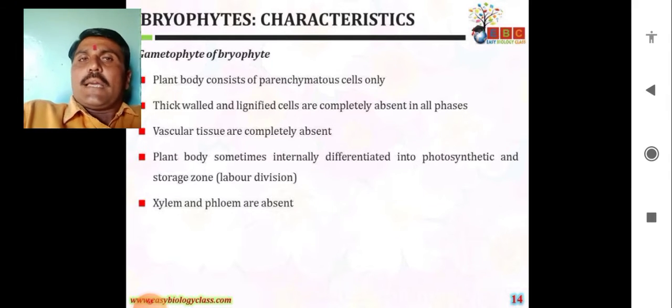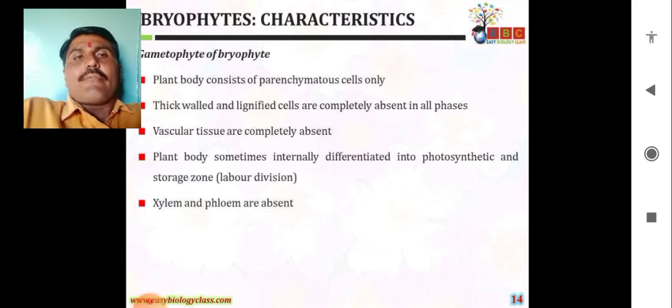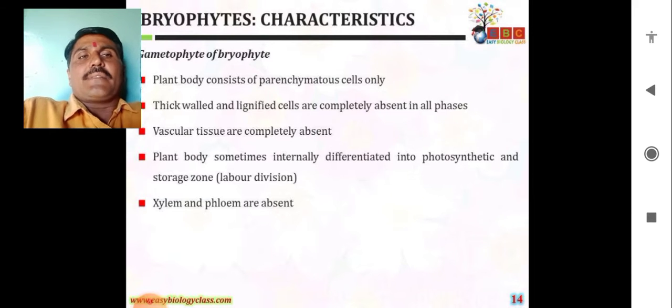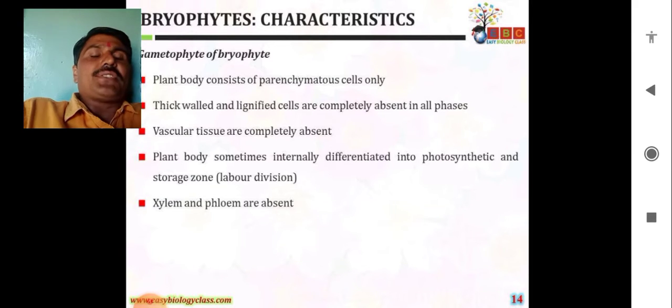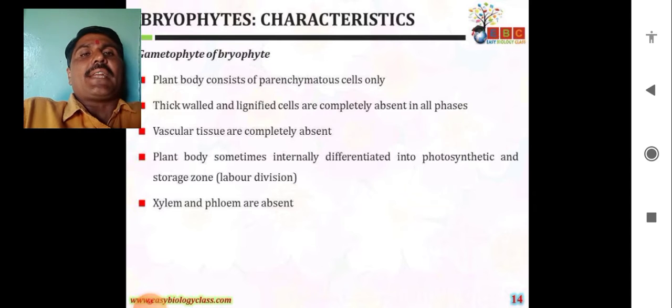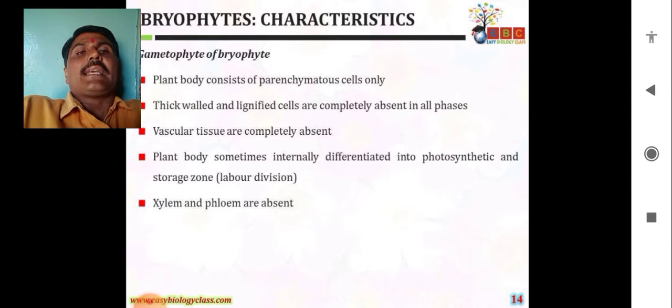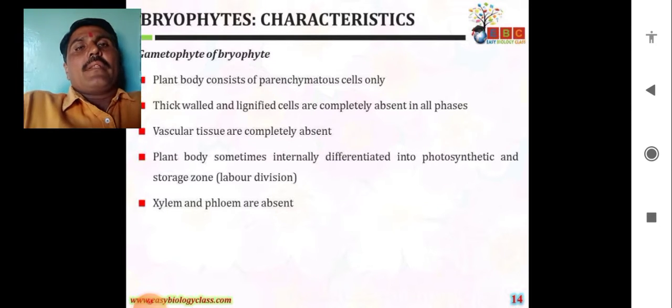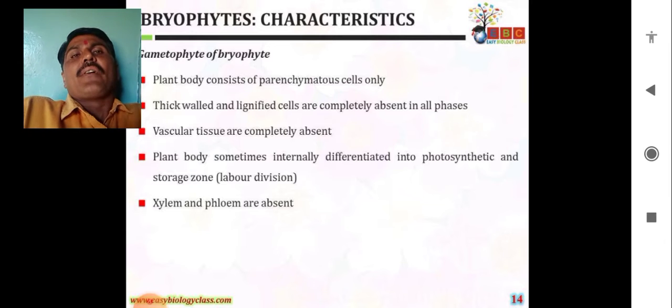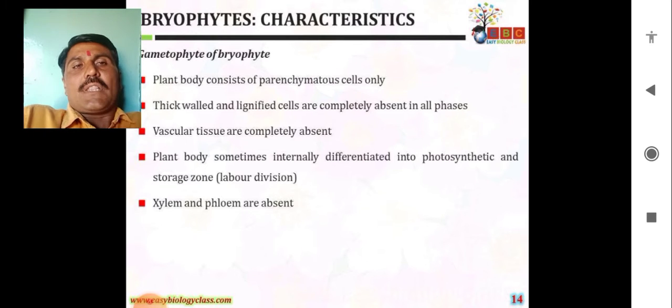Well, as I spoke, vascular tissue is also absent, but plant bodies are sometimes internally differentiated into a photosynthetic storage zone that helps in the photosynthesis process.